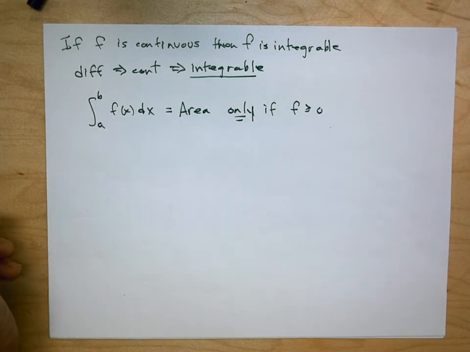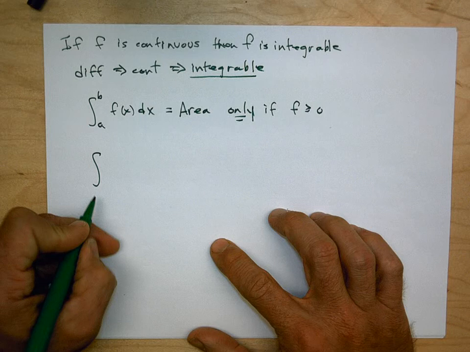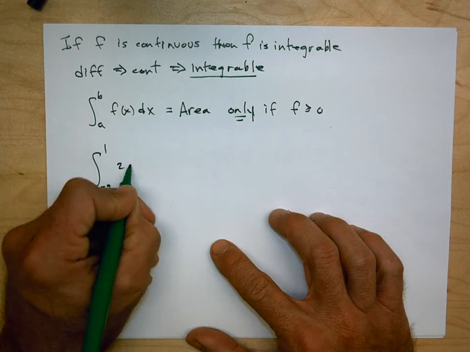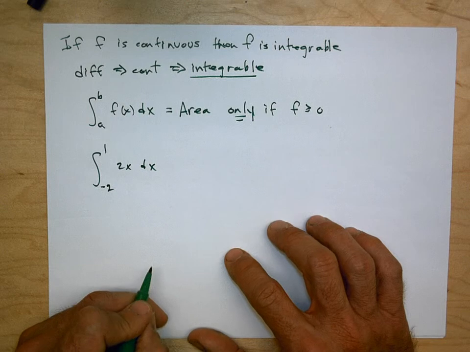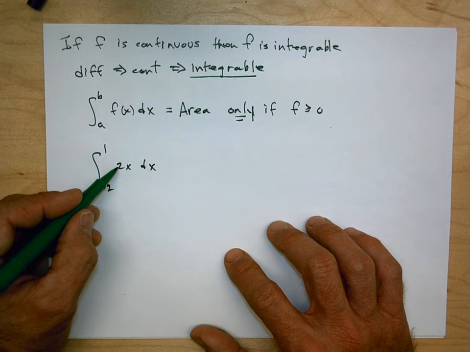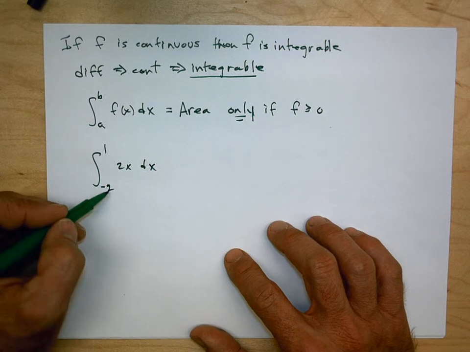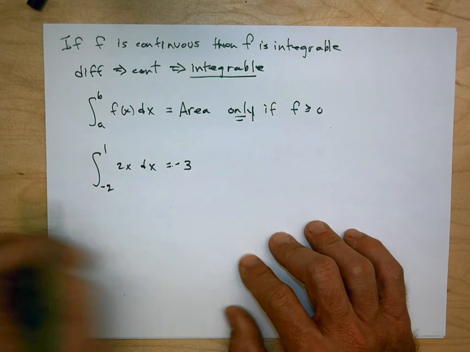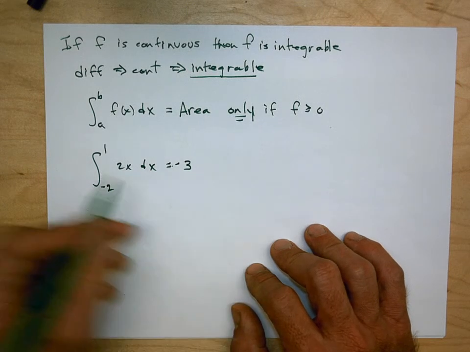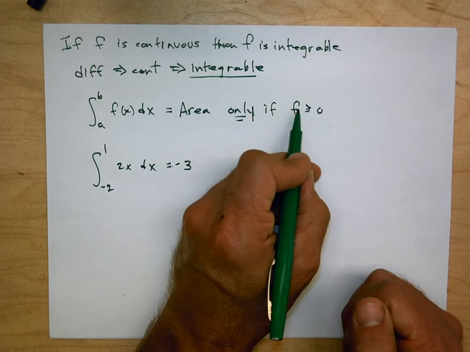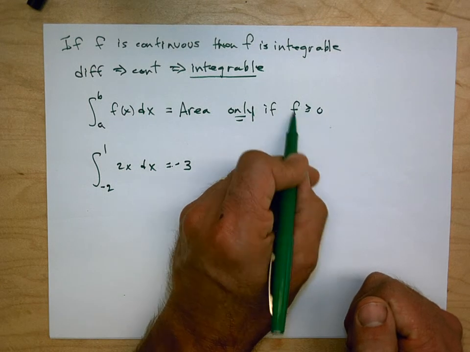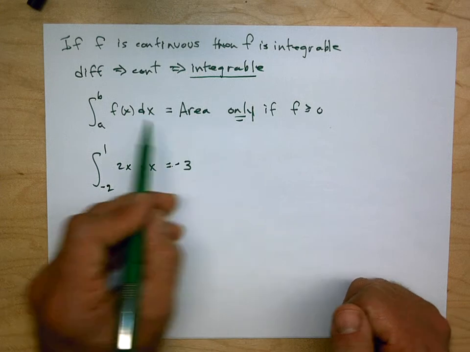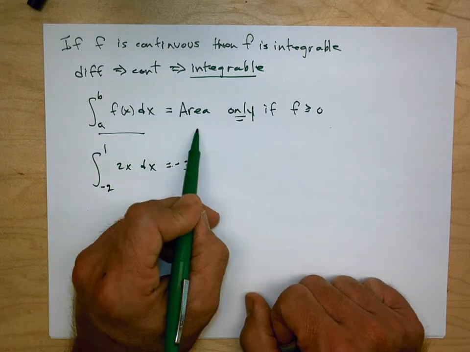For example, we could look at the definite integral from -2 to 1 of 2x dx. One way to think about it is as the area under the curve y equals 2x from -2 to 1, but this would give me -3. That certainly can't represent area, because area is never negative. So if f is always above or only touching the x-axis, in other words if it's never negative, then the definite integral and the area are the same thing.